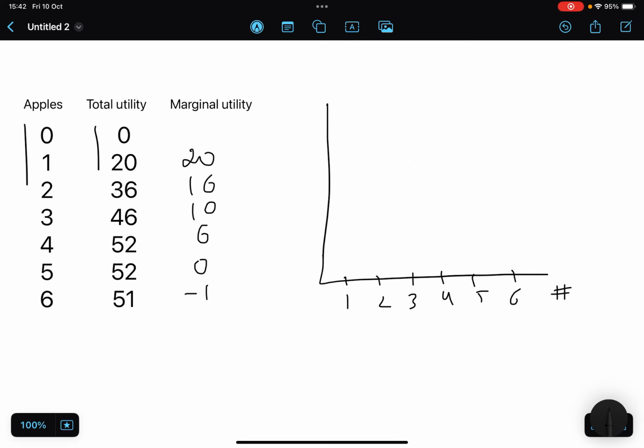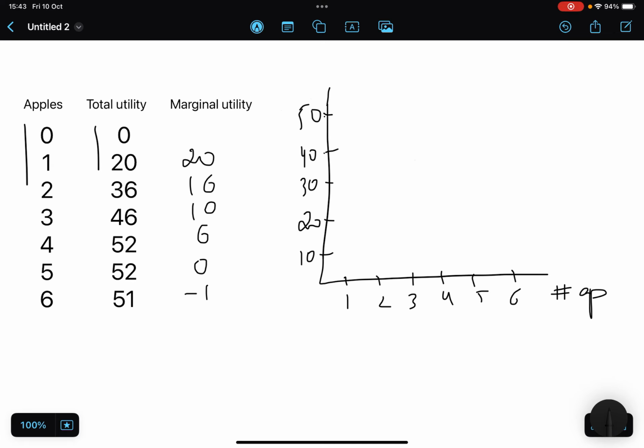On the vertical axis, we're going to put total utility, or in this case, just utility, because we are going to plot the marginal utility on the same graph. So the total utility, let's start from 10, 20, 30, 40, 50.